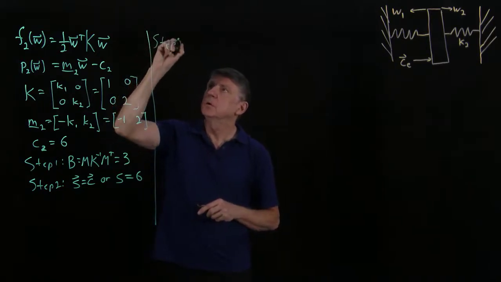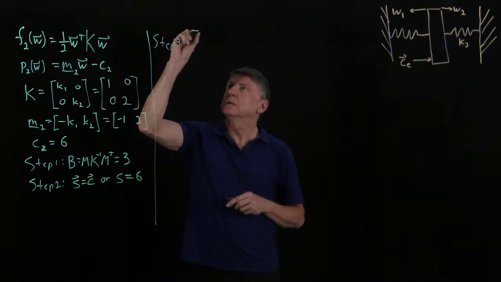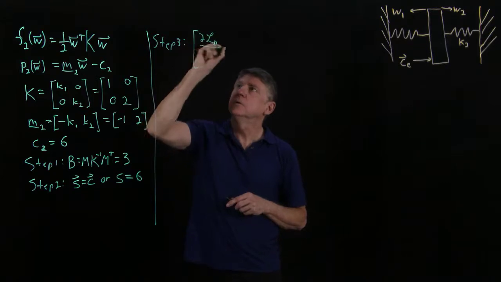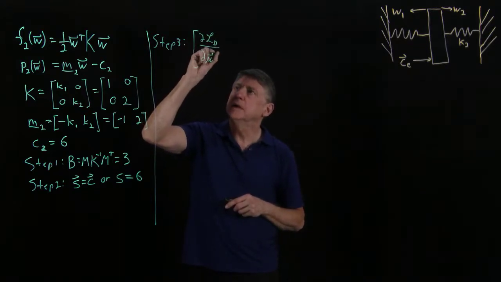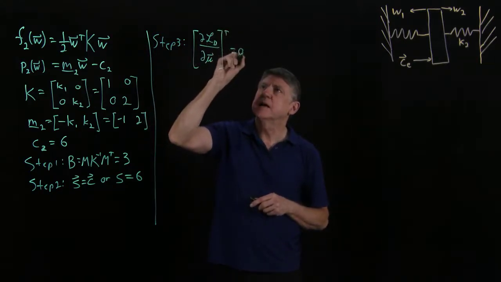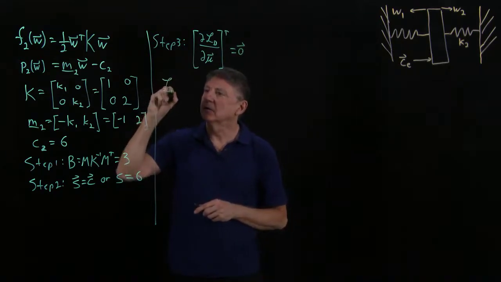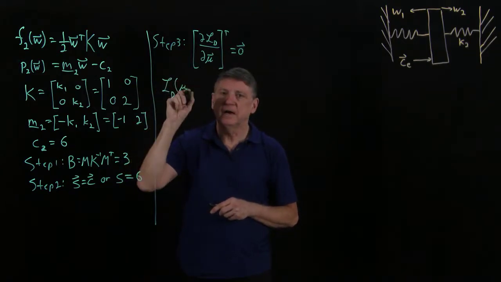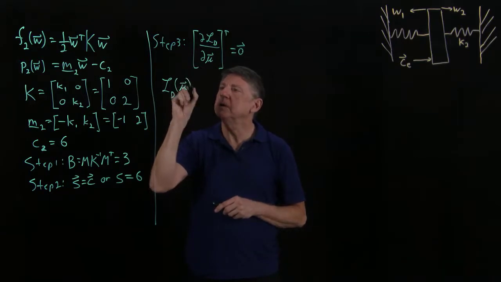Step 3 is we take the derivative of the dual with respect to, in general, it will be a vector of Lagrange multipliers, transpose that, and set that equal, in general, to a 0 vector. Here, our Lagrange dual, which is a function only of, in this case, 1, but it could be multiple.